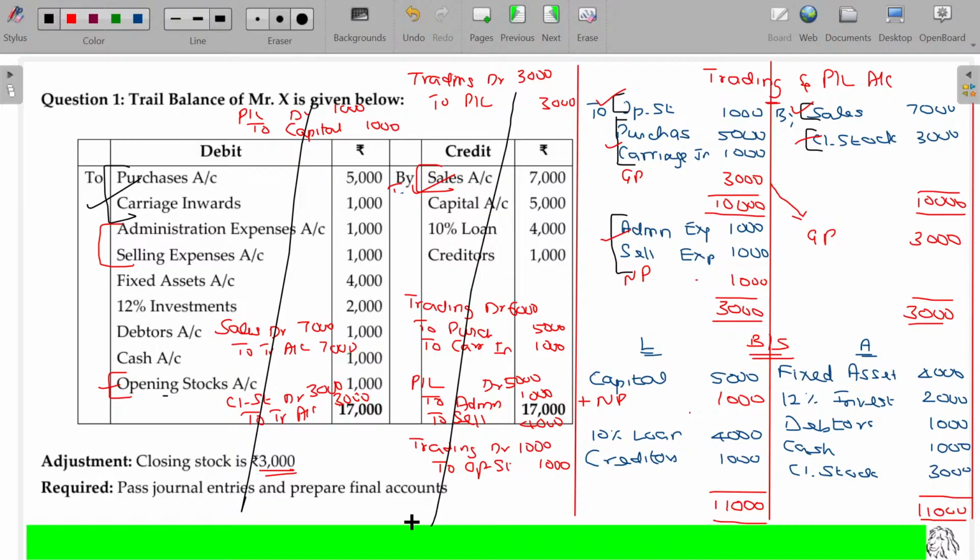You have to understand the logic behind. What is the journal entry for that? So that I have covered here. Next, rather than the transfer entry, we can of course pass the adjustment entries also for the closing stock. If you pass the adjustment entry, then how the trial balance gets affected? Shall we go for that next part here now?